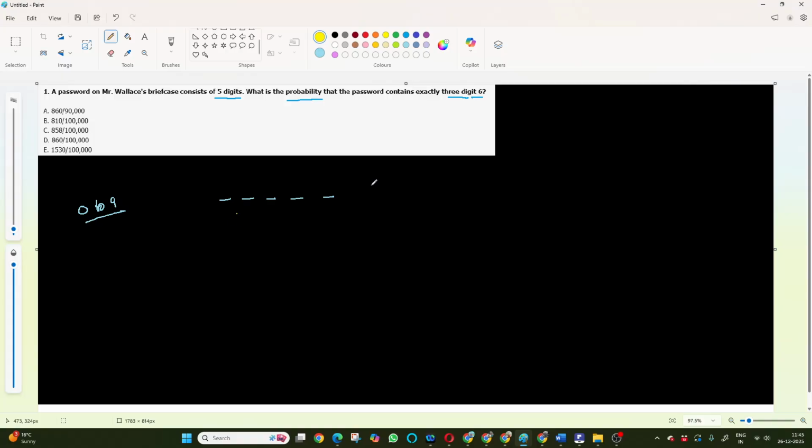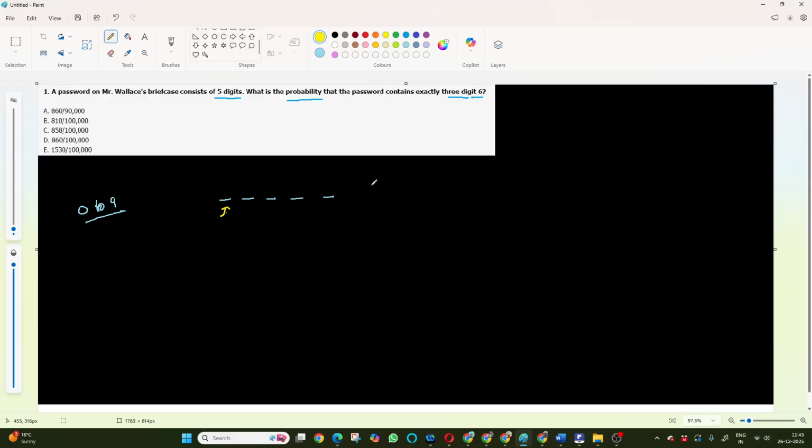Now, if you look at each slot, for example this first slot, if you're looking at the total number of possibilities, any digit from 0 to 9 can go and sit there. Unlike the cases where we form 5-digit numbers where the first digit cannot be 0, that will not be the case here because we're talking about passwords.